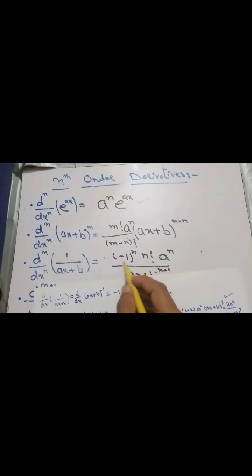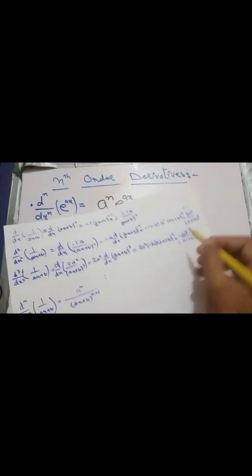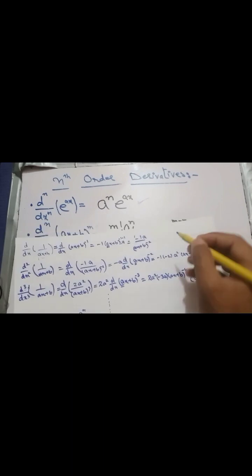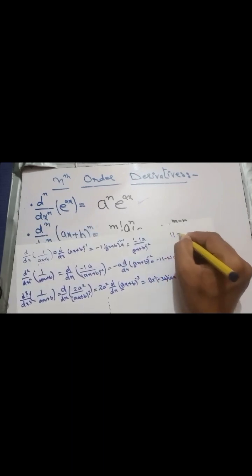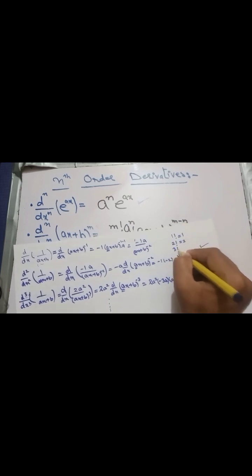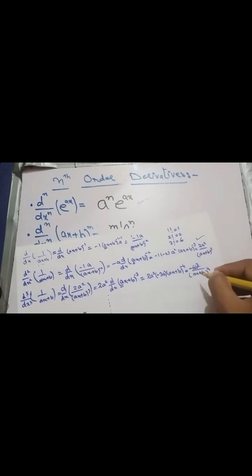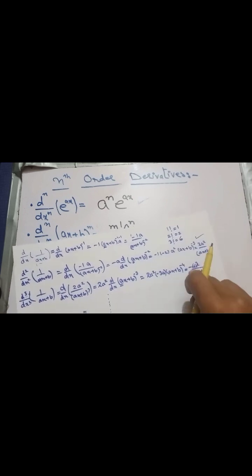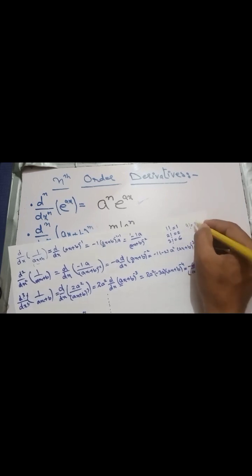And there is minus 1 power n into n factorial. 1 factorial is 1, 2 factorial is 2, 3 factorial is 6, and if we take the fourth derivative, it will be 4 factorial, which is 24.